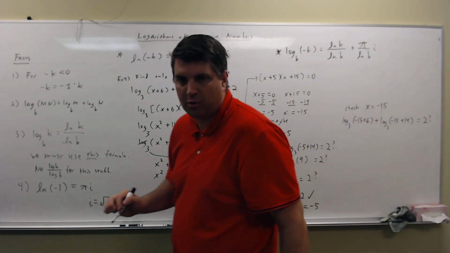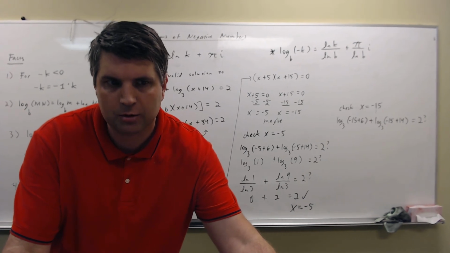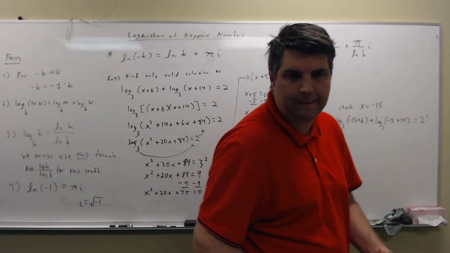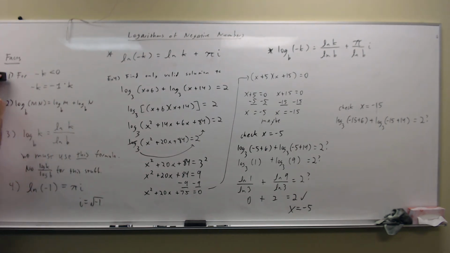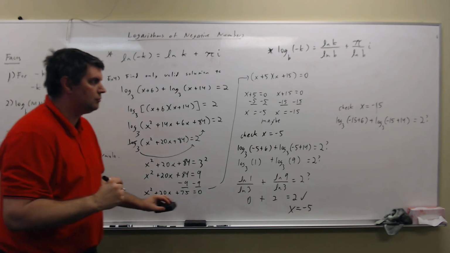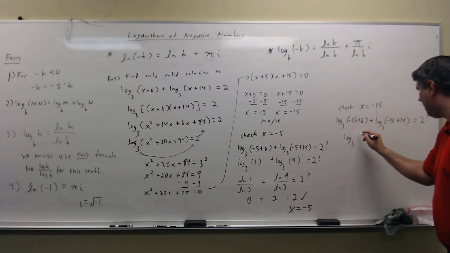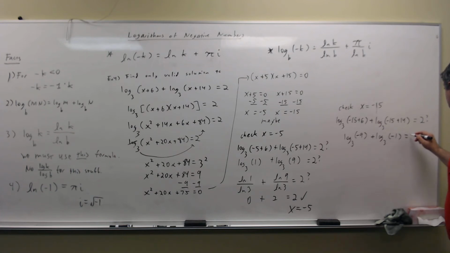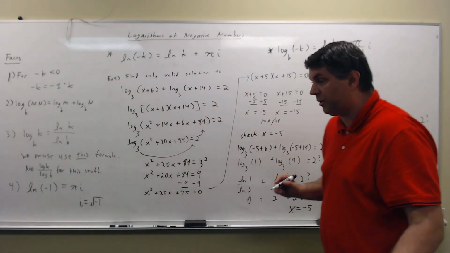All right, let me see how legible that is. If I move this over. Okay. All right, so this is going to be log base 3 of negative 9 plus log base 3 of negative 1. All right, so obviously these are not going to work in the real number system, but let me show you what they look like, period.